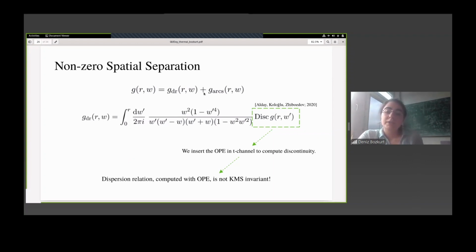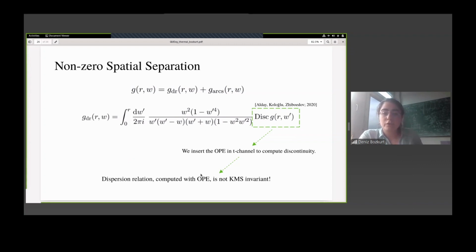So then we play the same game, and we insert the OPE in the T channel, so OPE expanded on the right side of the thermal 2-point function plot. And one by one, we pick up the contributions of the operators that are in the OPE, and we can compute this.